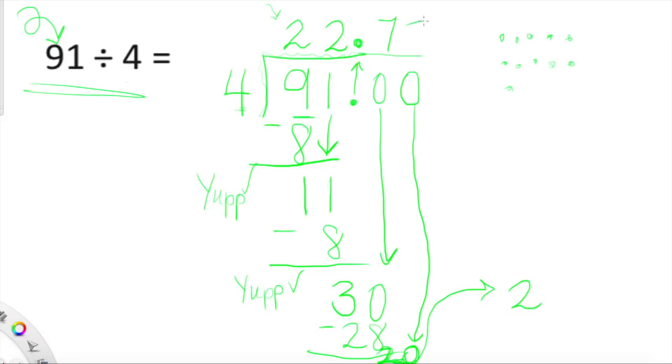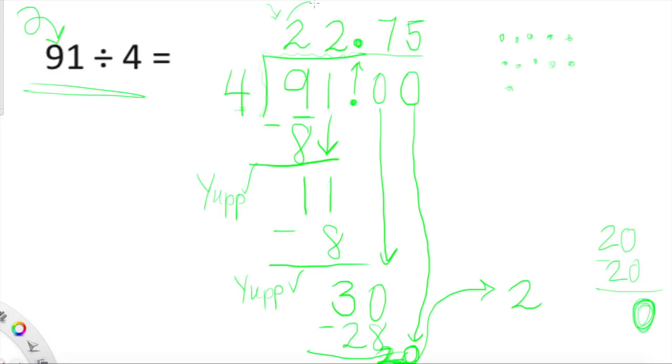Well, I'm going to have 5 hundredths in each group, because 5 times 4 is 20. What is the difference when we take 20 from 20? 0. Our remainder is 0.